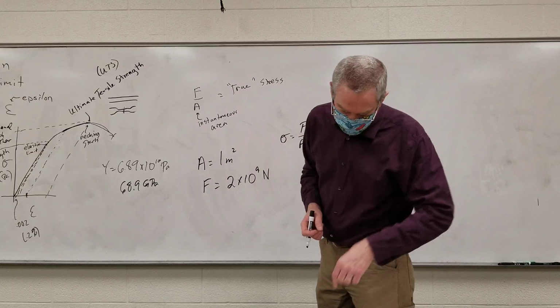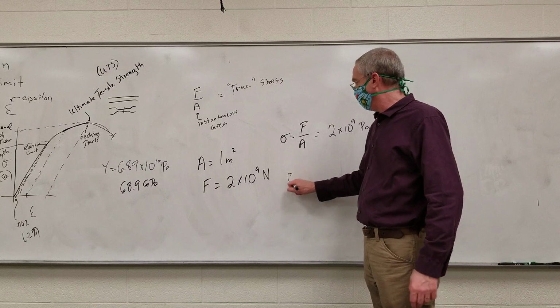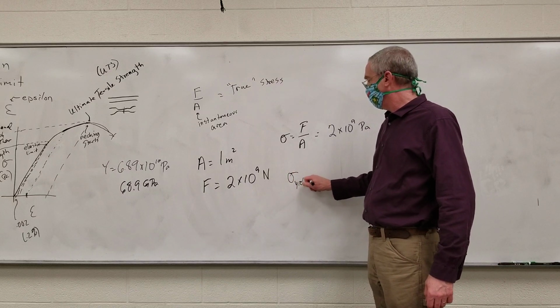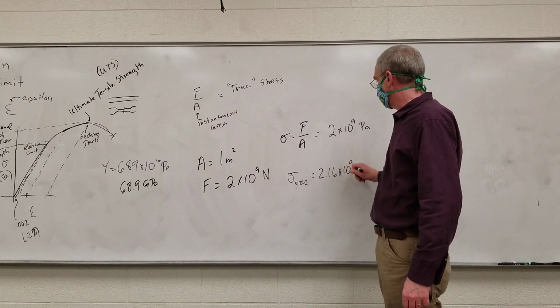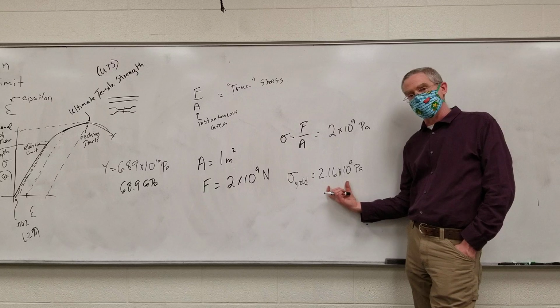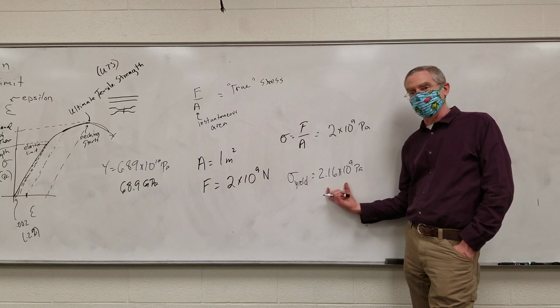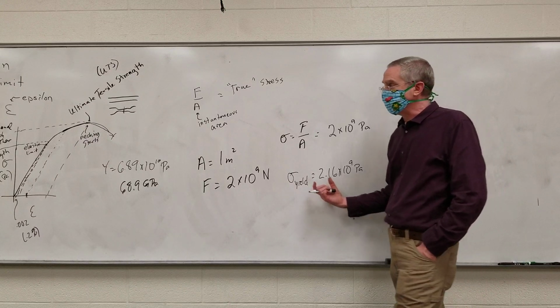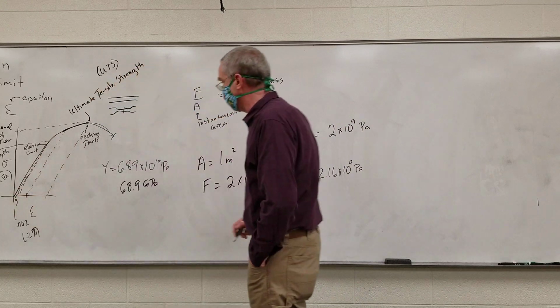This particular material has a yield strength of 2.16 times 10 to the 9 pascals. The stress I'm applying is less than the yield strength, so I'm not going to worry about plastic deformation. I'm still in this region right here where they're directly proportional.